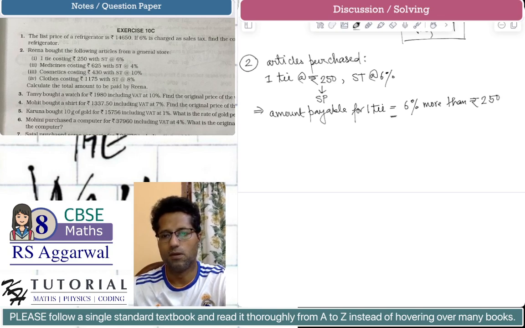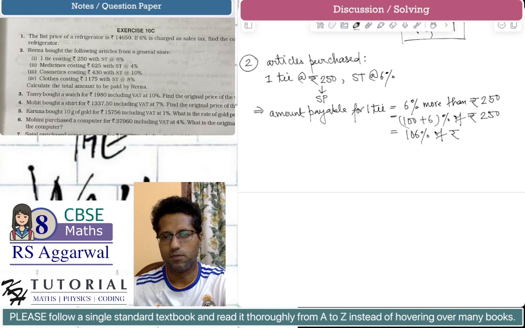which is equal to 100 plus 6% of rupees 250. This is equal to 106% of rupees 250.